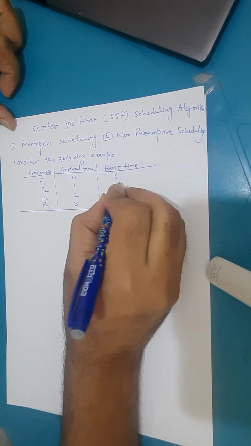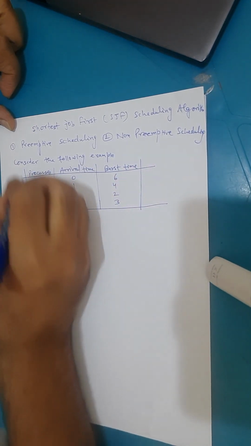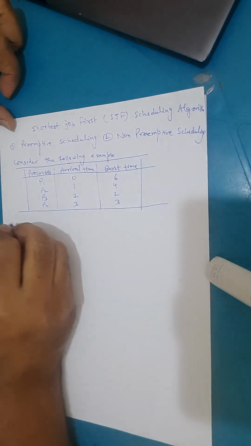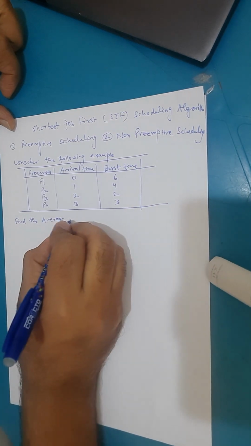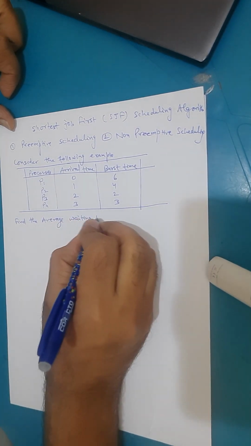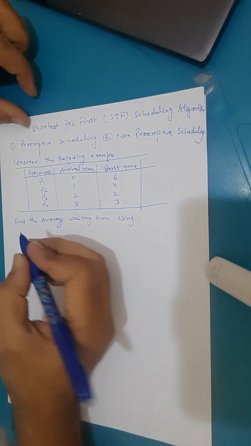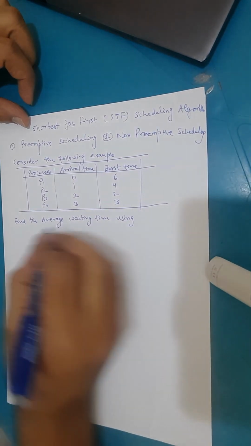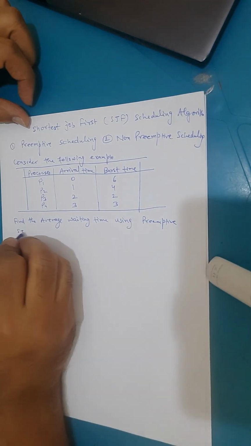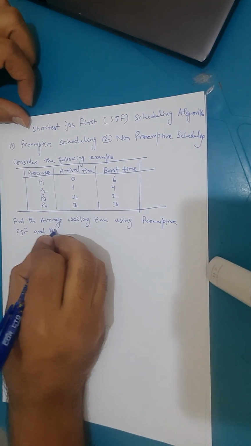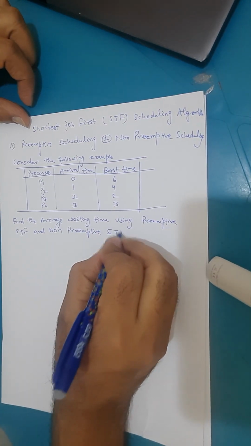It's 6, 4, 2 and 3. Find the average waiting time using preemptive scheduling and non-preemptive scheduling algorithms, using preemptive SJF and non-preemptive SJF algorithm.